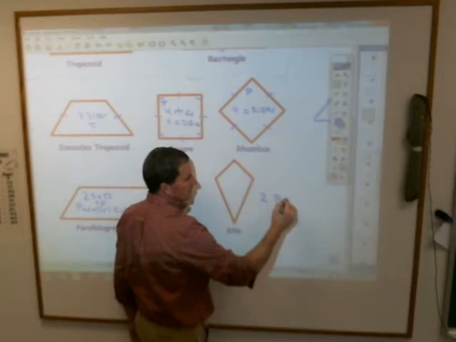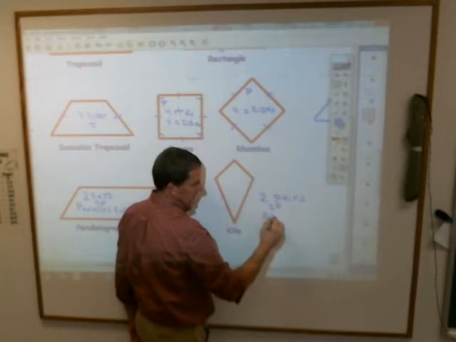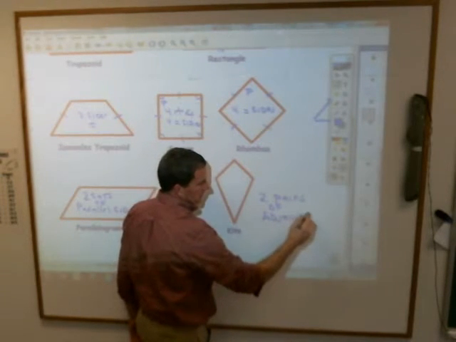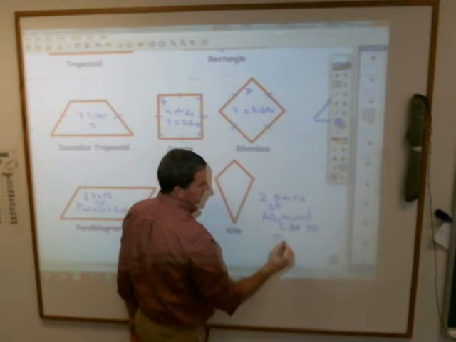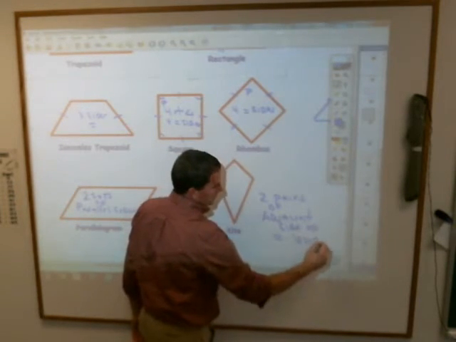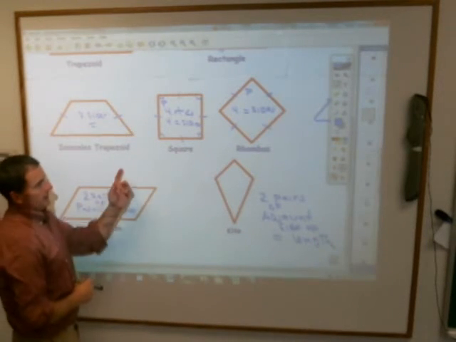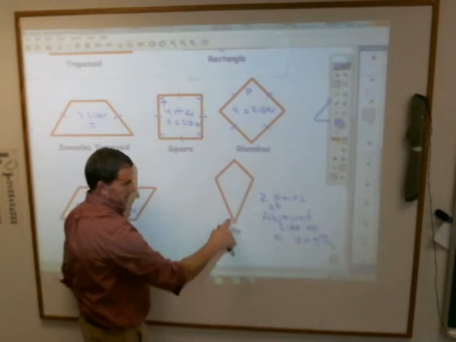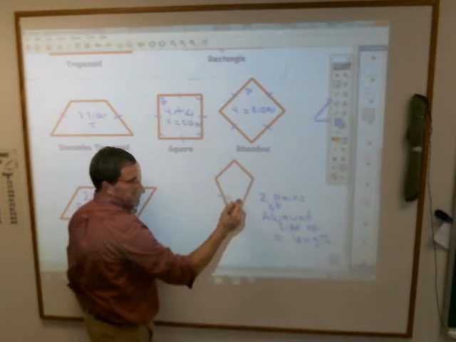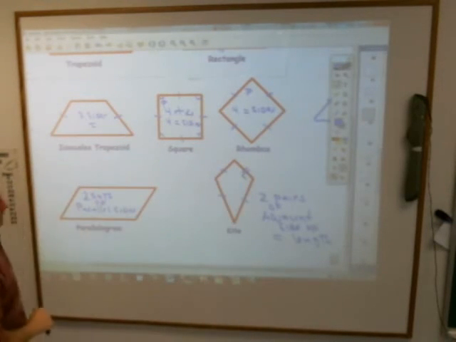Two pairs, here's the important thing, of adjacent sides of equal length. If they weren't adjacent and just two pairs of equal sides, it could be any of these. But adjacent means they have to be touching each other. So this side would be equal to that side, and this side would be equal to that side.